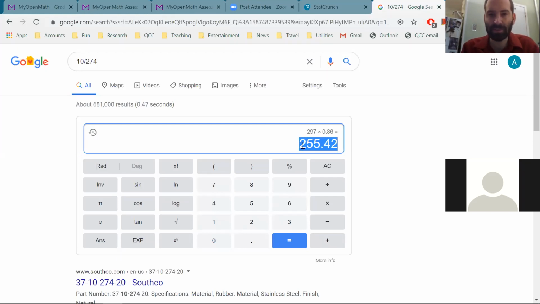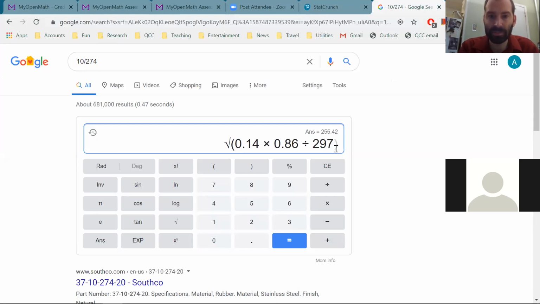It was the square root of p times 1 minus p divided by n: p was 0.14, 1 minus p was 0.86, divided by n, which was 297.